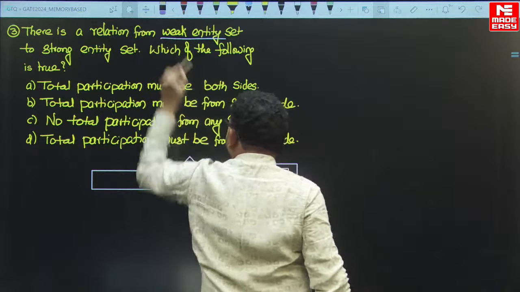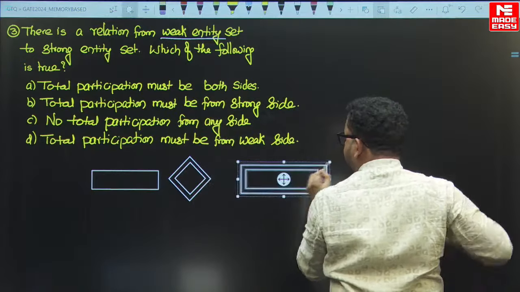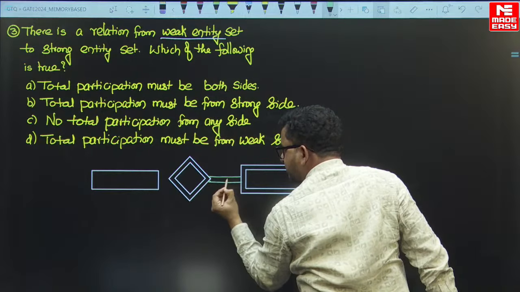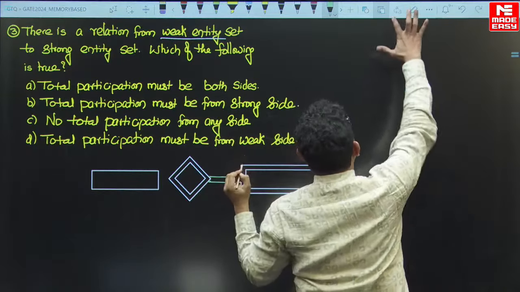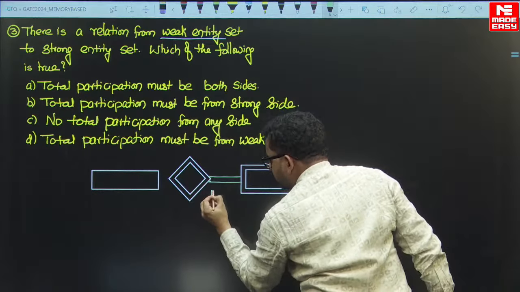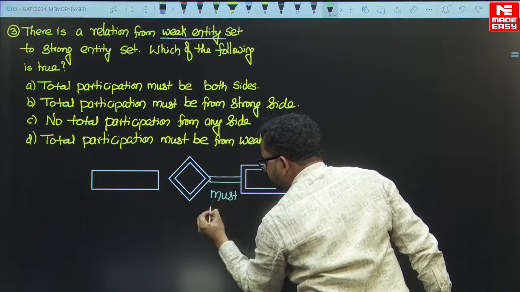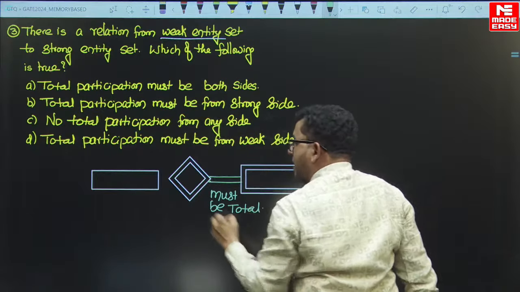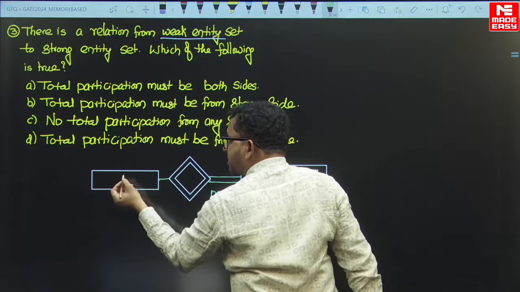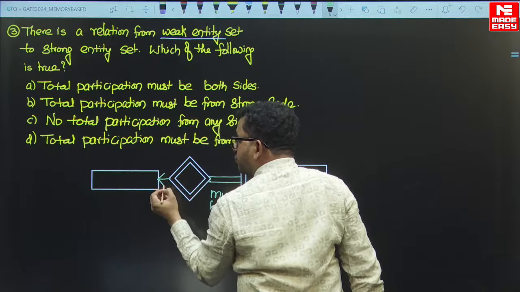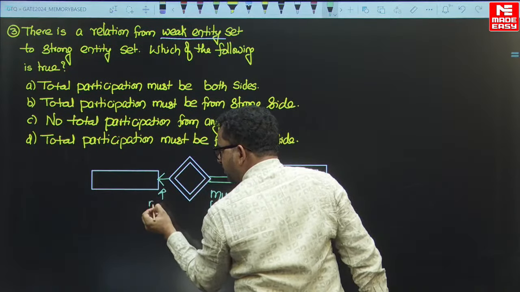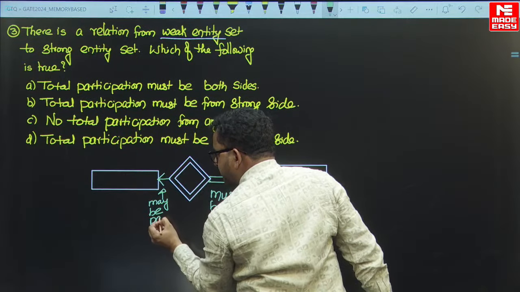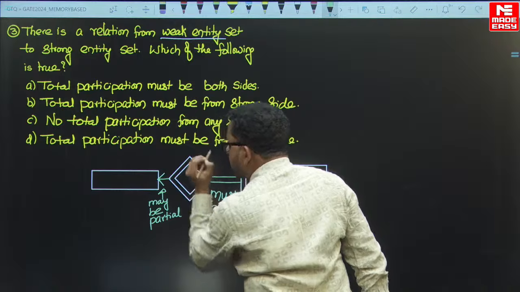Whenever a weak entity set is on one side, the participation at the weak entity set side must be total. The participation at the strong entity set side may not be total, it can be partial participation.